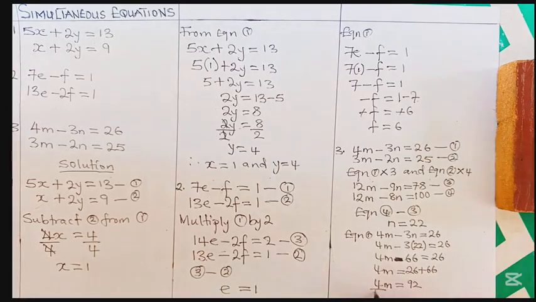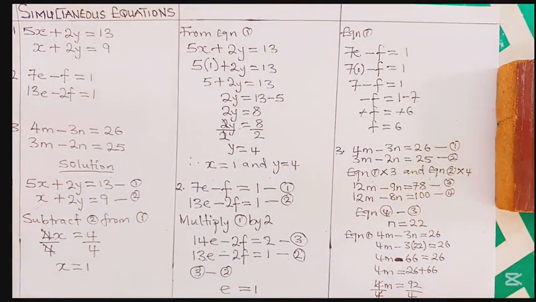So dividing both sides by 4, 4 will cancel 4 and our m will be equal to 92 divided by 4. What do we have? 92 divided by 4, we have 23.